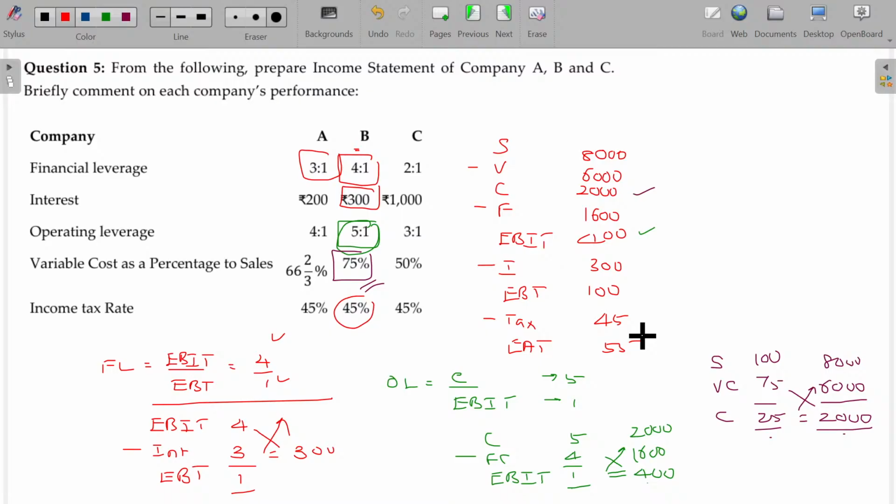Hope now you will be able to finish off C yourself. Let's now move on to the next question, question number 6.